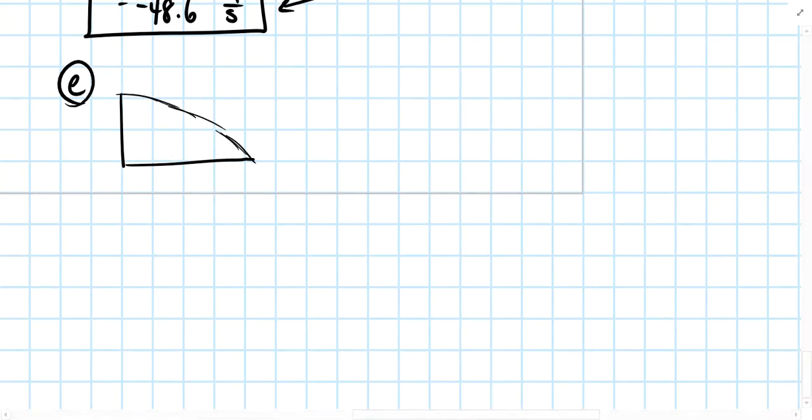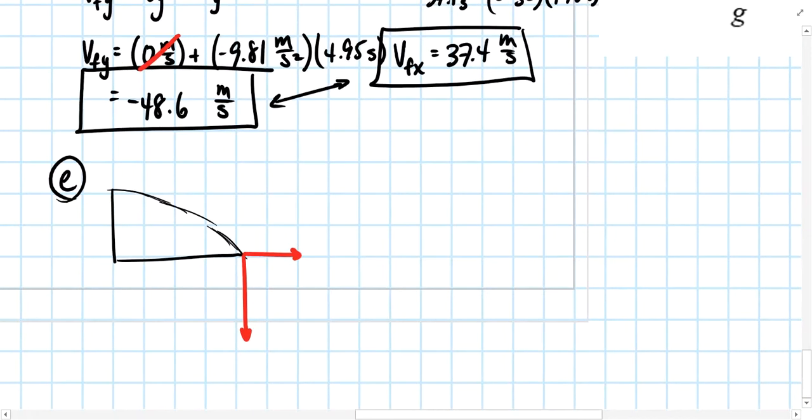By the time it strikes the ground, we've now determined that there is a vertical component to this movement of negative 48.6 meters per second, and there's a horizontal component to this motion of 37.4 meters per second. So our horizontal and vertical components are imparted on this ball right here at this position.